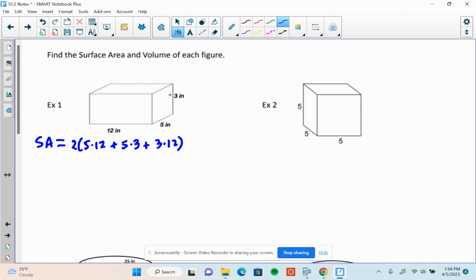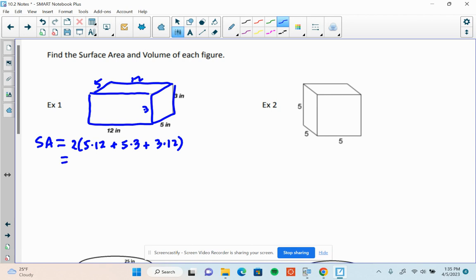Okay, so I've got 2 of these. That's the 5 by 3. I've got 2 of these. This is the 3 by 12. And then I have 2 of these, which are the 5 by 12s. And then we just multiply it out.